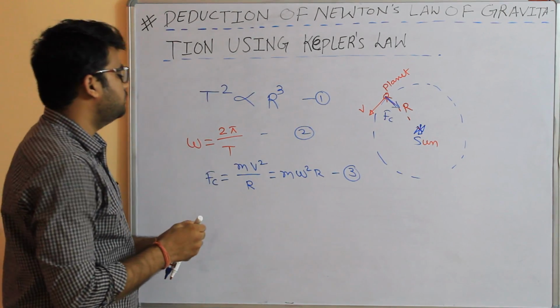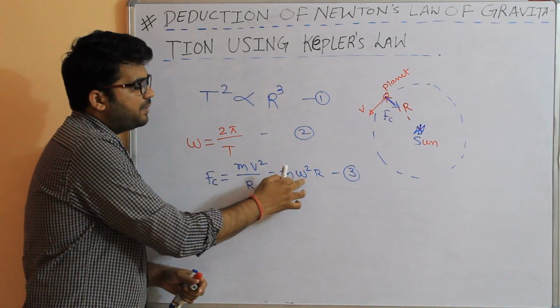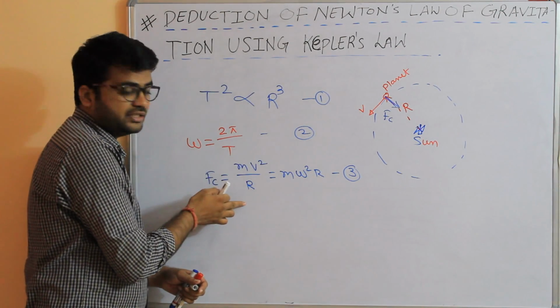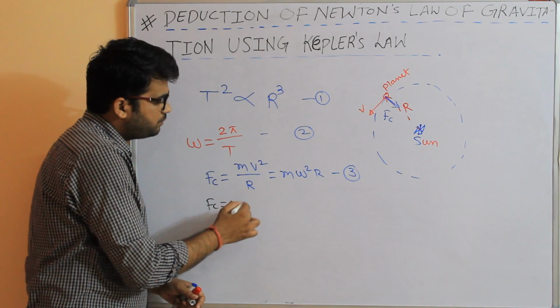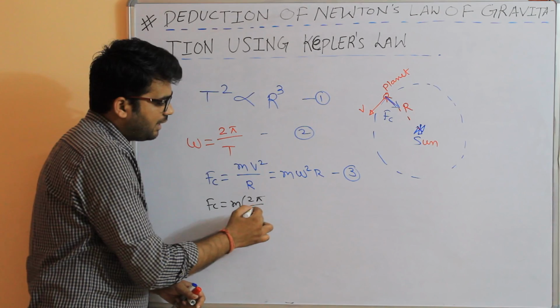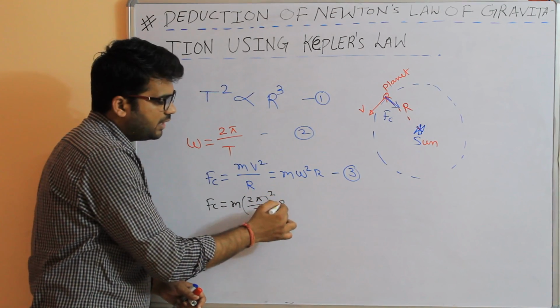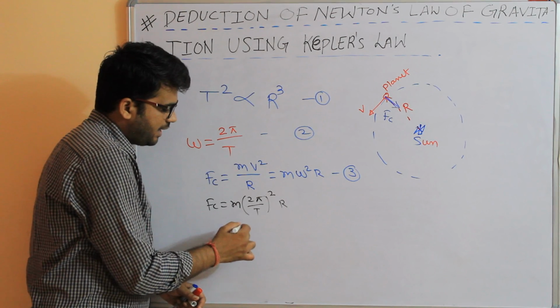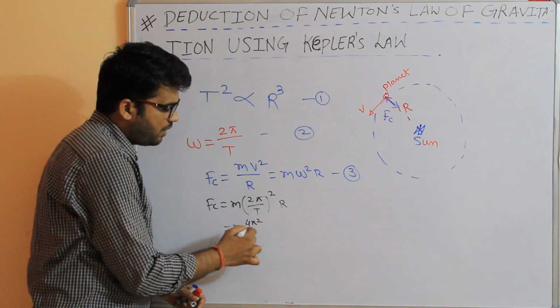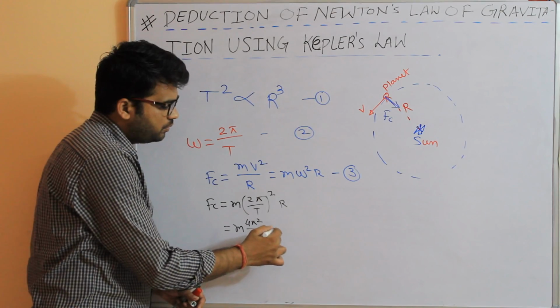Now Fc is equal to m omega square r. Put the second equation in the third equation. So we'll get Fc as m into 2 pi by capital T whole square into r, which is equal to m 4 pi square by T square into r.